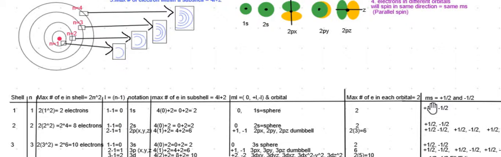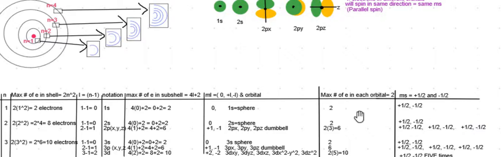Now for the ms, which is all about spin, you would have plus half and minus half for the 2s orbital, and plus half and minus half for each of the 2px, 2py, and 2pz orbitals.